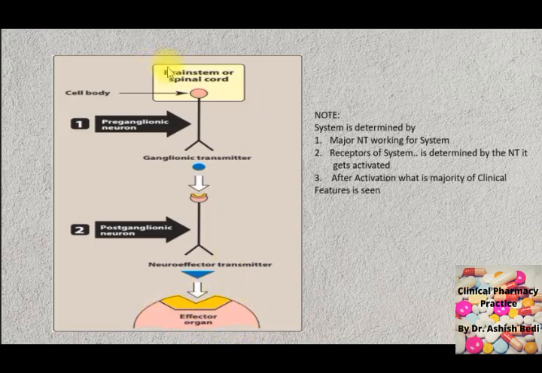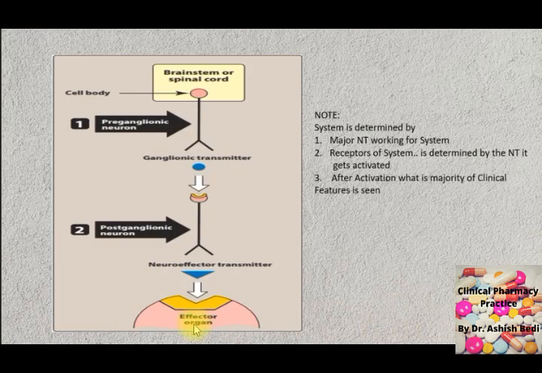So transmission starts from the brainstem or spinal cord. Before that ganglion we have the preganglionic neuron. And on the ganglion also the receptor is there. Then we have the post-ganglionic neuron. In between these receptors we have neurons. Before the ganglion will always be preganglionic, after the ganglion will always be the post-ganglionic neuron.